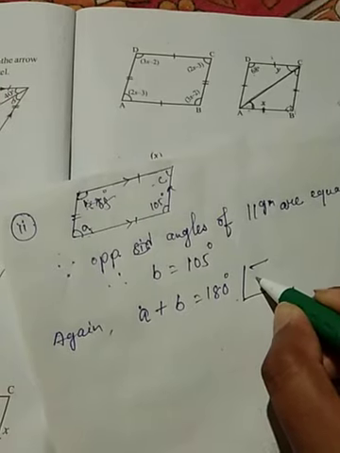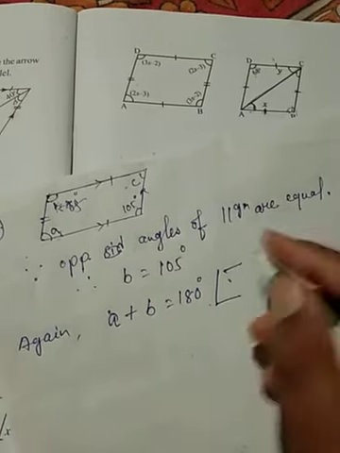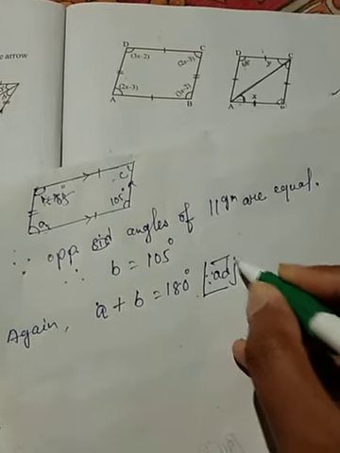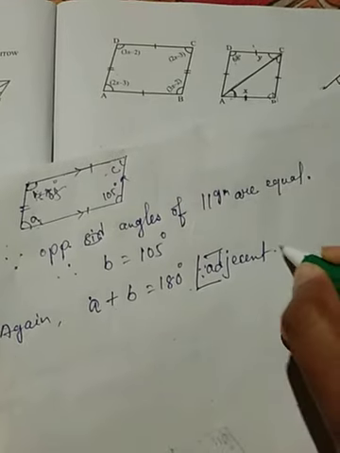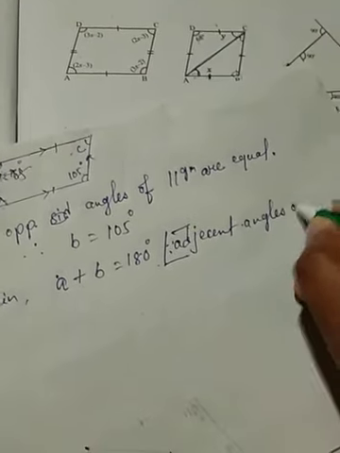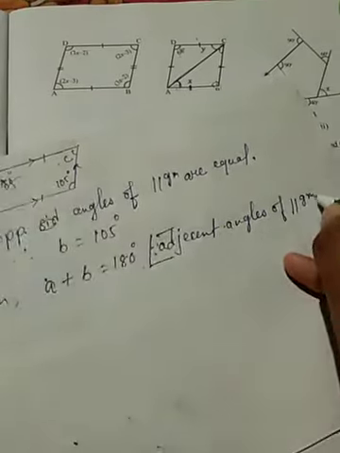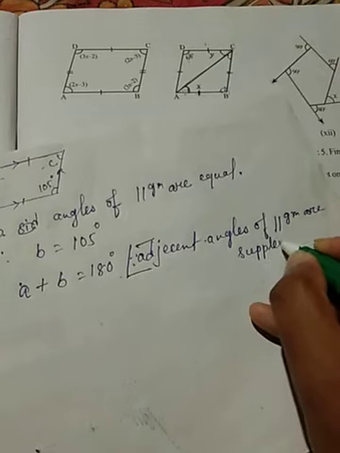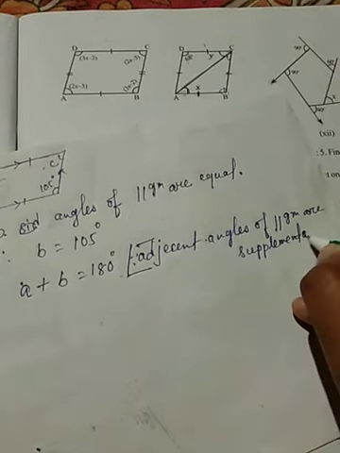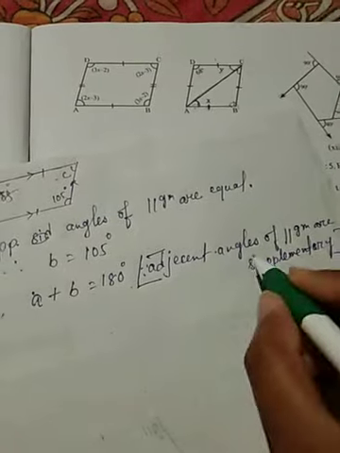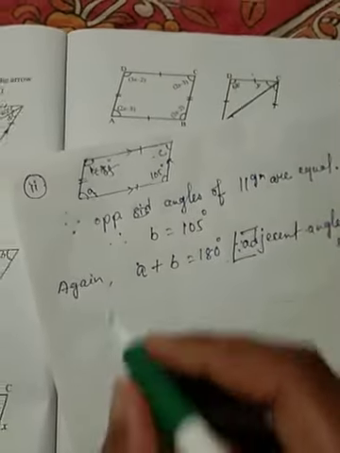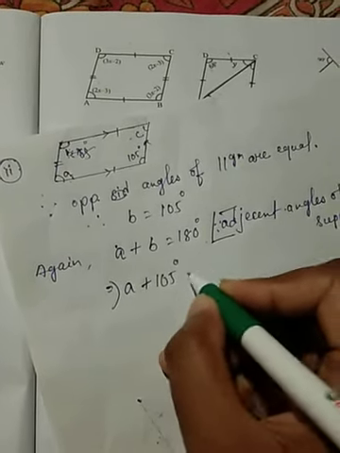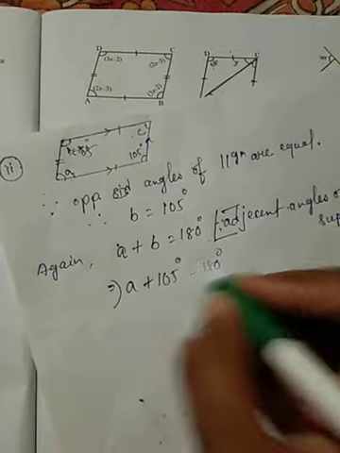Because we know since adjacent angles of a parallelogram are supplementary. There is a property: the adjacent angles of a parallelogram are supplementary. So here we know the value of B. B is 105 degrees. That's why I put the value of B here.